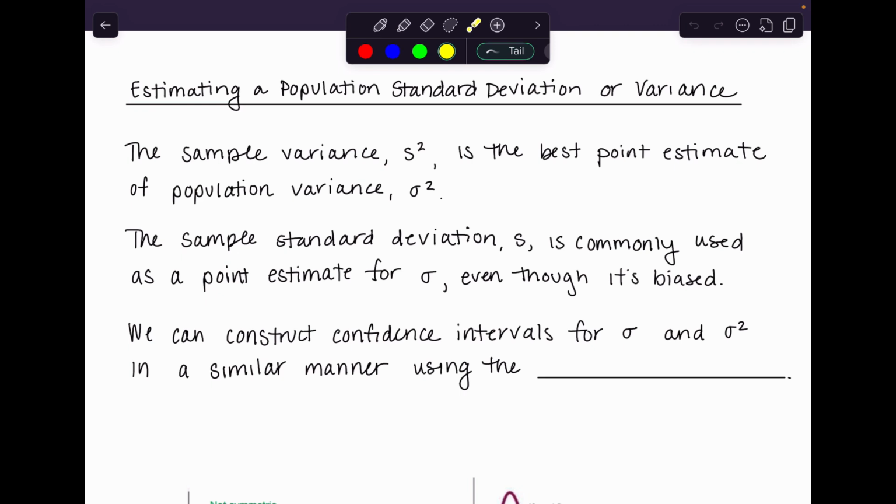So we're going to construct confidence intervals in a very similar manner for both the standard deviation and the variance, but using the chi-squared distribution. Chi is just a Greek letter.